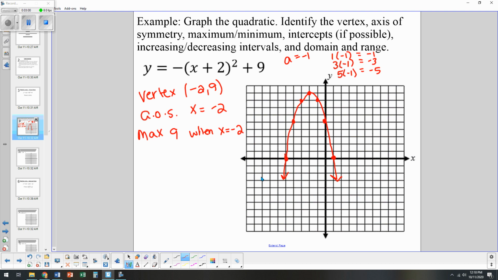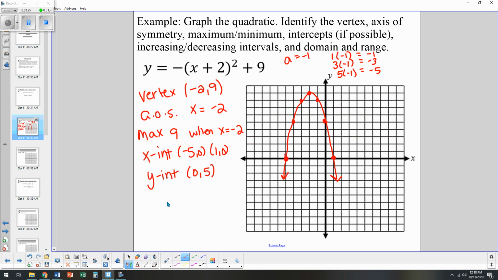The intercepts, so I can actually see both x-intercepts and I can see the y-intercept. So my x-intercepts are going to be negative 5, 0, and 1, 0, right here and here. And my y-intercept is where it crossed the y-axis at 0, 5.